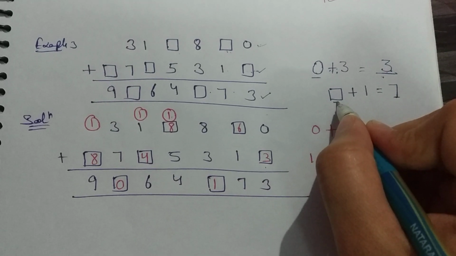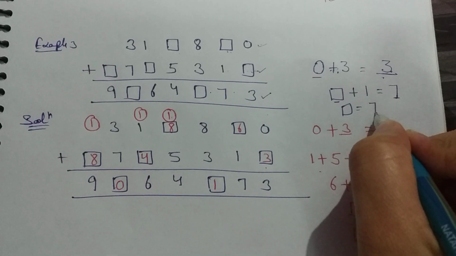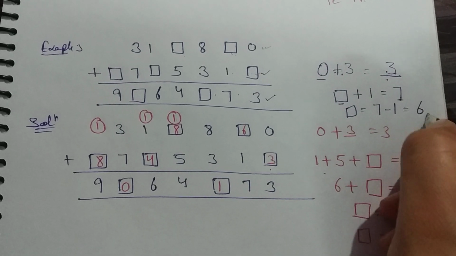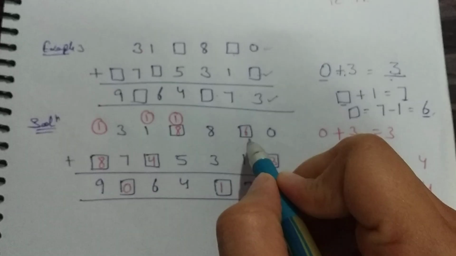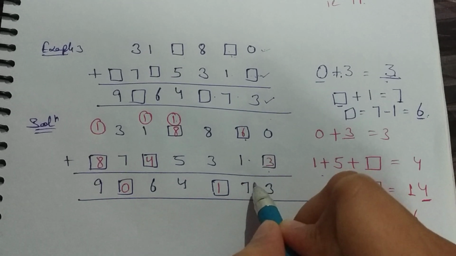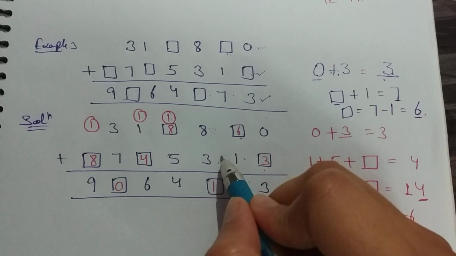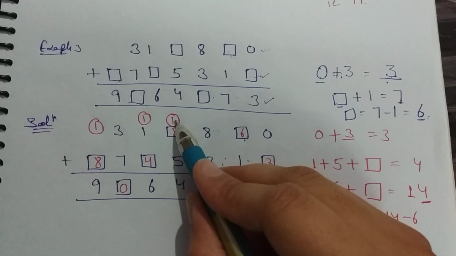We have to find the addend 1, which is equal to sum minus addend 2. It becomes 6. So I have to put 6 here. Got it? 6 plus 1 is 7. Now add these two numbers. 8 plus 3 becomes 11. I have to put 1 here and 1 on carry.